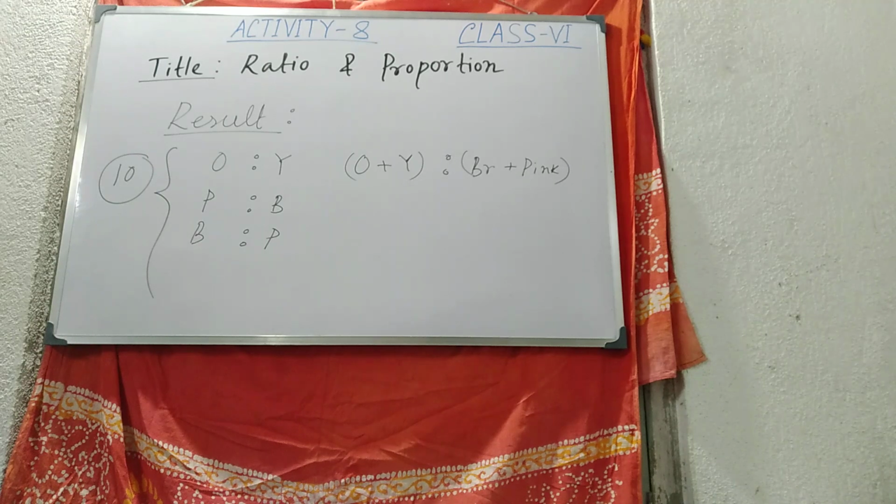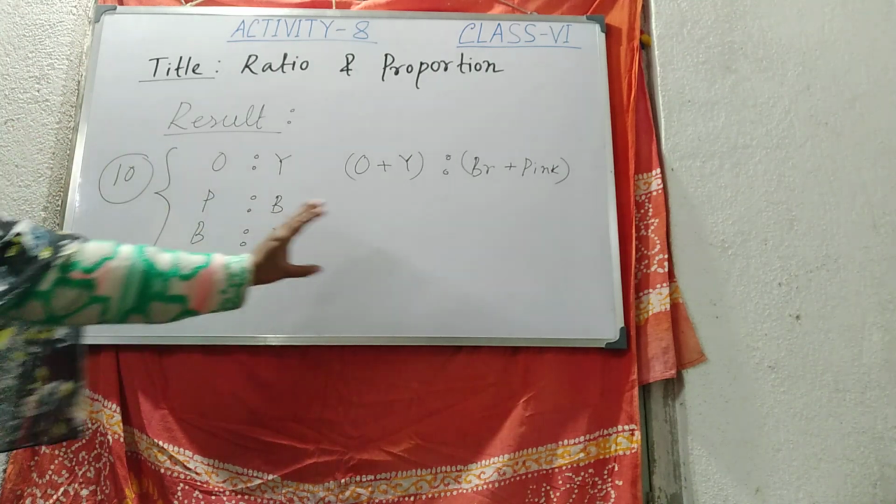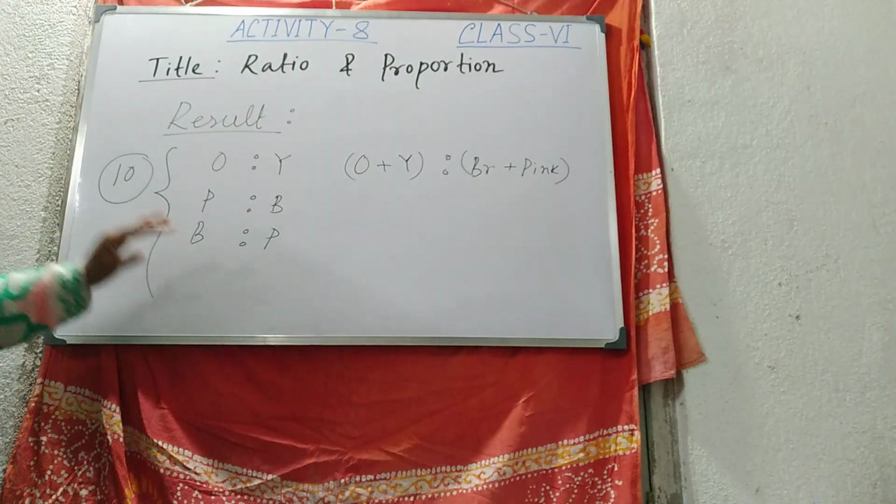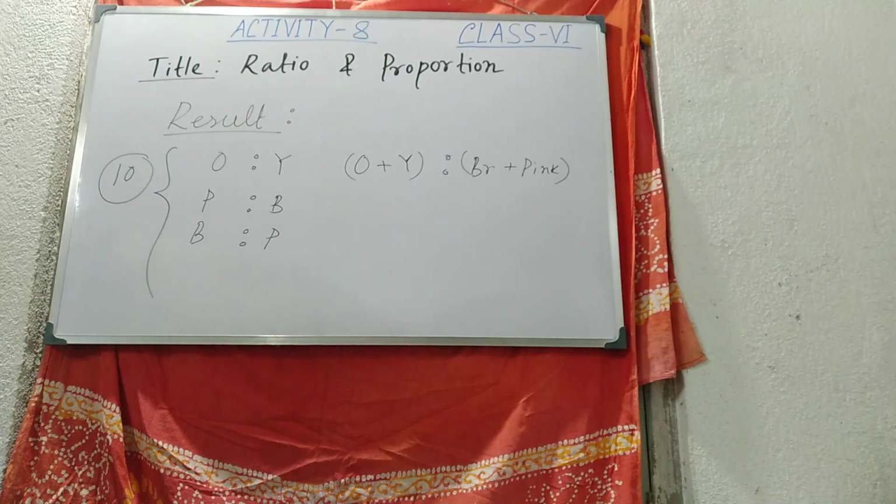So you can write it in the learning outcome part. Along with that, you can learn how to compare quantities. After doing this activity, you will be able to know how to compare quantities. So that part you can mention in the learning outcome part.